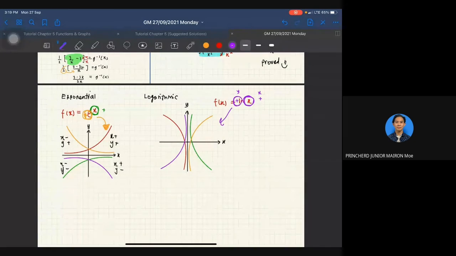Okay, so untuk log ni, dia ada asymptote tak? Ada tak satu line, satu nilai yang dia tak akan sentuh? Mimi? Ada. Tak ada? Yakin? Ada, Miss. Which is?